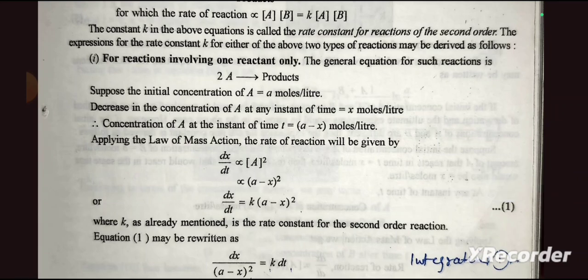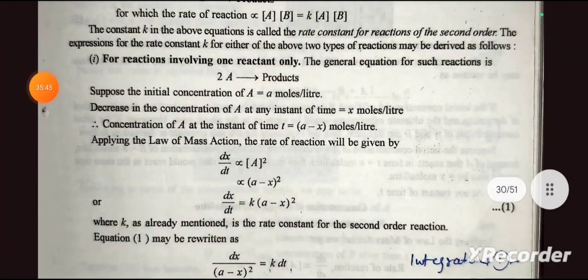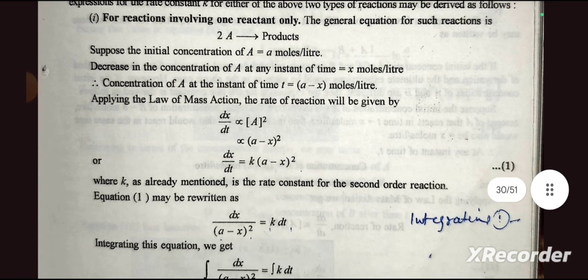The expressions for the rate constant k for either of the above two types of reactions may be derived as follows. First, for a reaction involving one reactant only, the general equation is 2A gives products. Suppose the initial concentration of A is a mole per liter, and the decrease in the concentration of A at an instant of time t is x mole per liter.